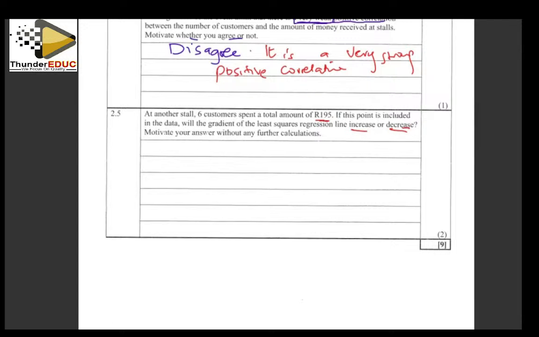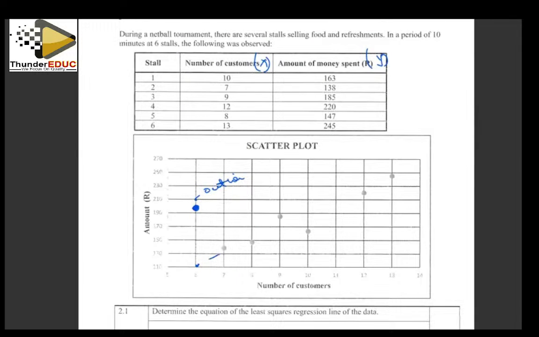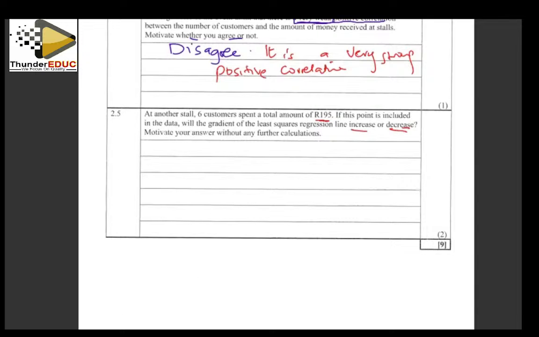So if this point is included, will the gradient increase or decrease? Motivate your answer. So if it's going to attract the least squares regression line towards itself, which means the gradient becomes smaller, it's getting flatter and flatter. So my argument is going to be decrease, okay? Why? Because 6 and 195 is an outlier.